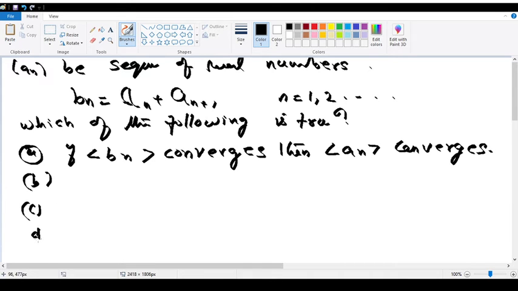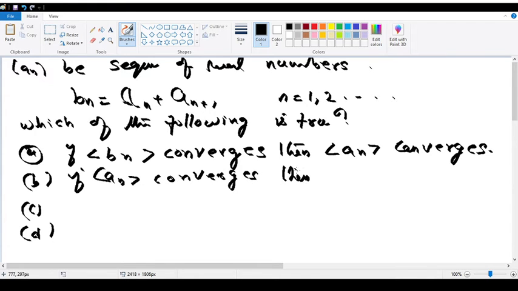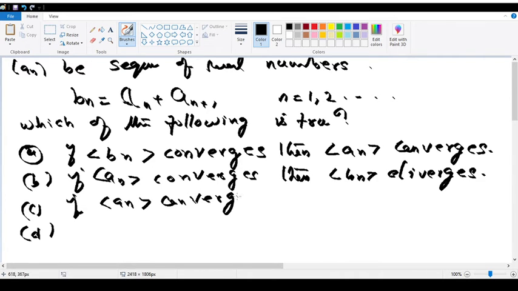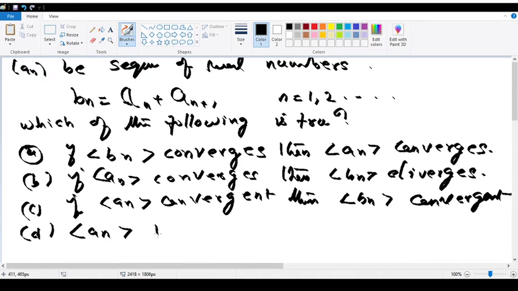Second option, if An converges, then Bn diverges. Third option, if An is convergent, then Bn is convergent. Fourth option, An is a subsequence of Bn. Which option is right?